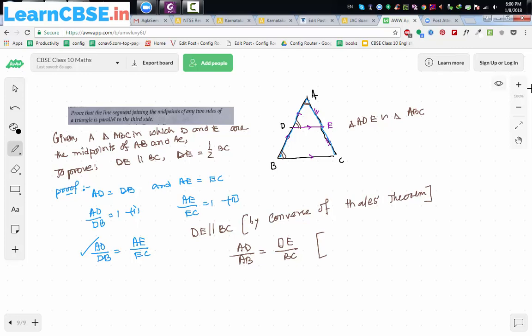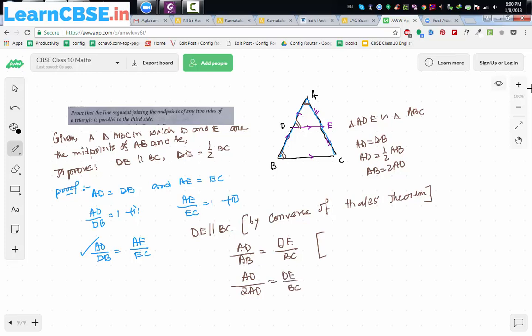So what will AD by AB be? As we know, AD is equal to DB, so AD will be half of AB, or AB will be twice AD. That is equal to DE by BC.